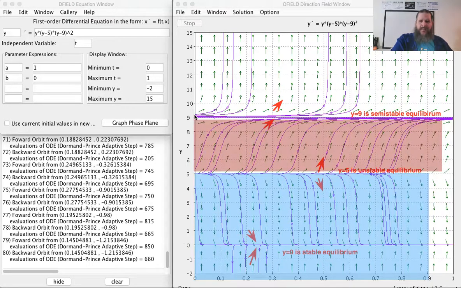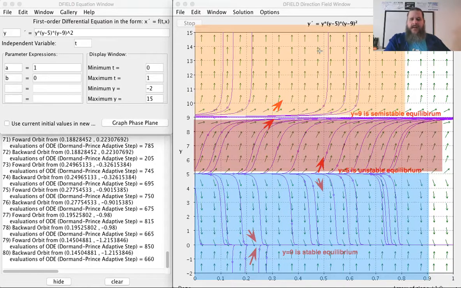And anything above 9 is diverging off to positive infinity. So there's really three types of end behavior here: converging towards 9, converging towards 0, diverging towards positive infinity. We can categorize those behaviors based on the initial conditions, whether they're in the range from negative infinity to 5, or from 5 to 9, or from 9 to infinity. Any other questions on that?